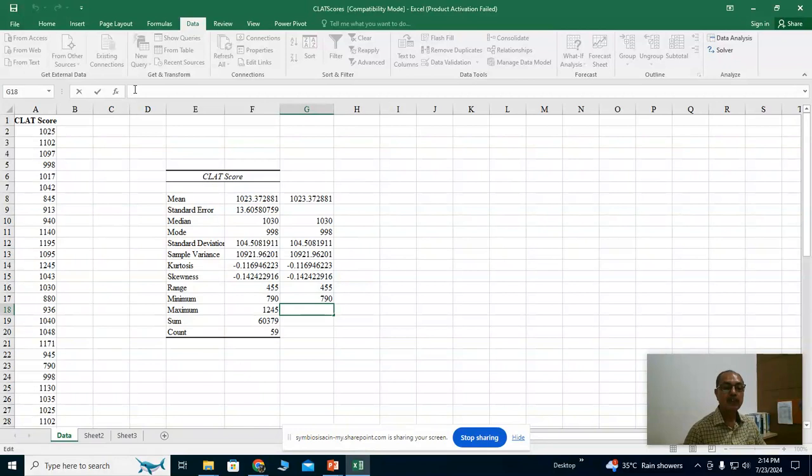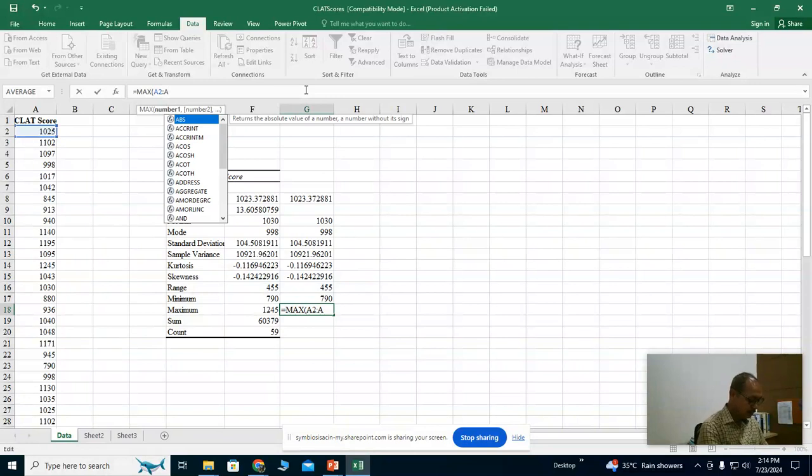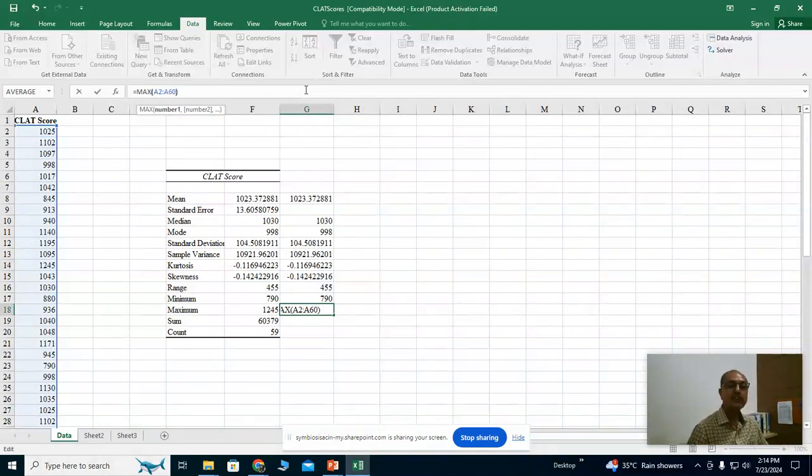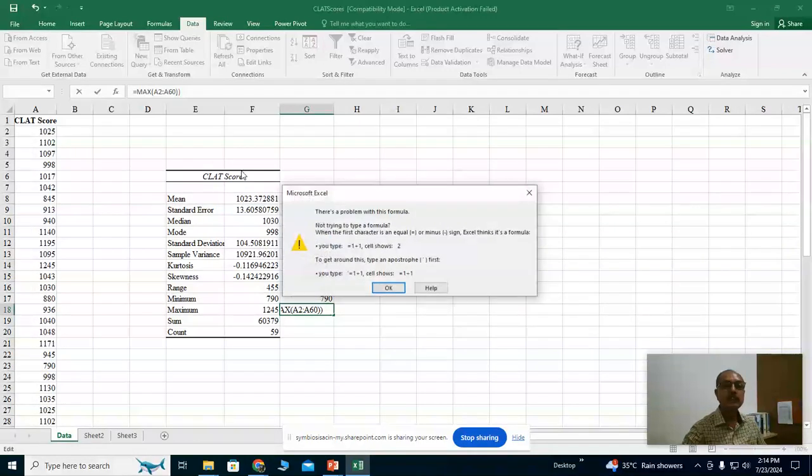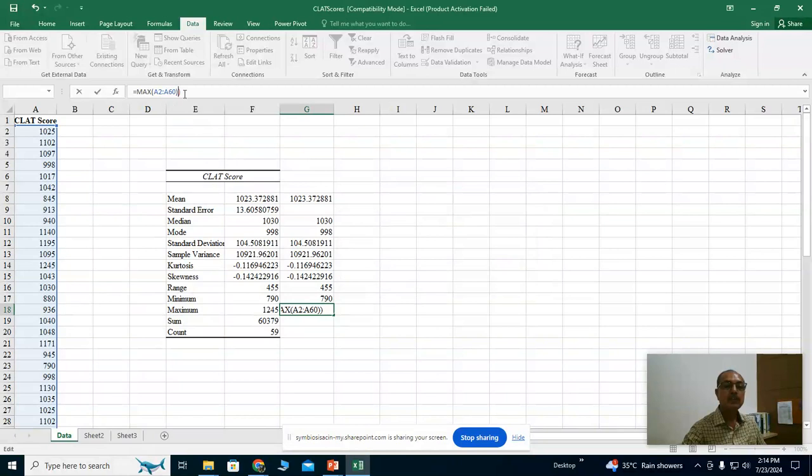Even if you want to calculate the maximum value, you can do that. First put the equal sign, then maximum. You can select this one. Then provide the data here, A2 to A60, then enter. There is an error here, so this is the value.